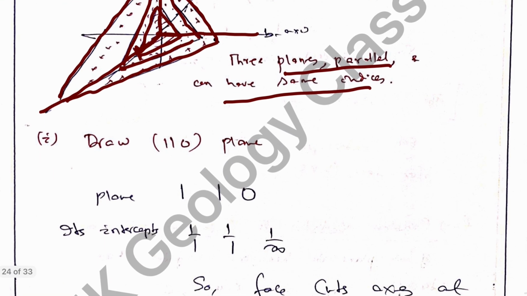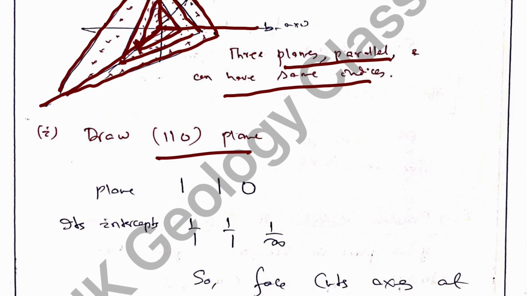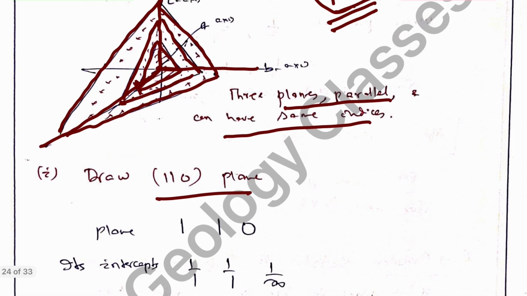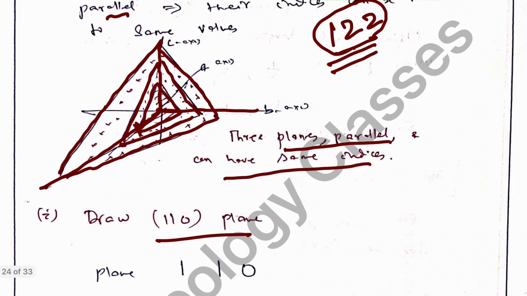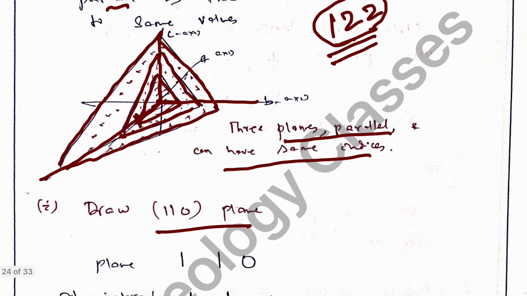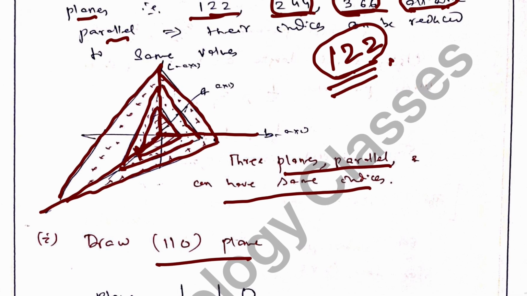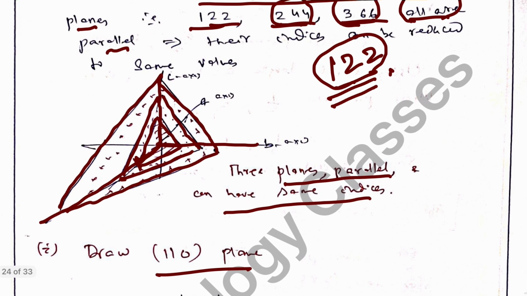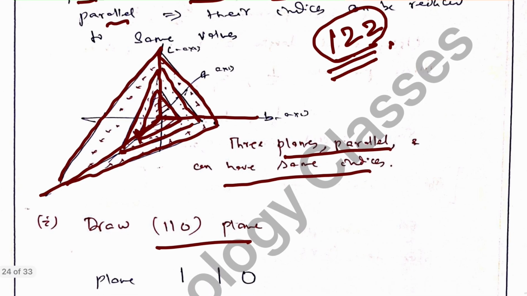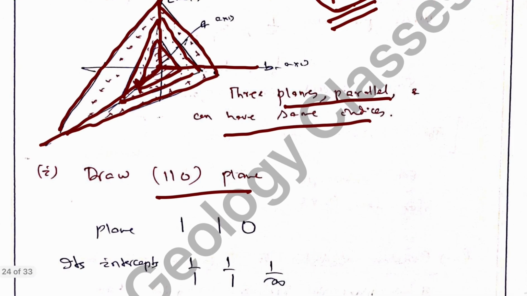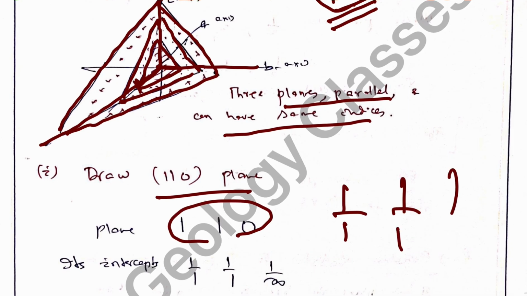We draw not one plane. How can you get it? This is the Miller indices, so we have to take the intercepts along the a, b and c axes. The plane is (1 1 0). The intercepts will be 1 by 1, 1 by 1, 1 by infinity.